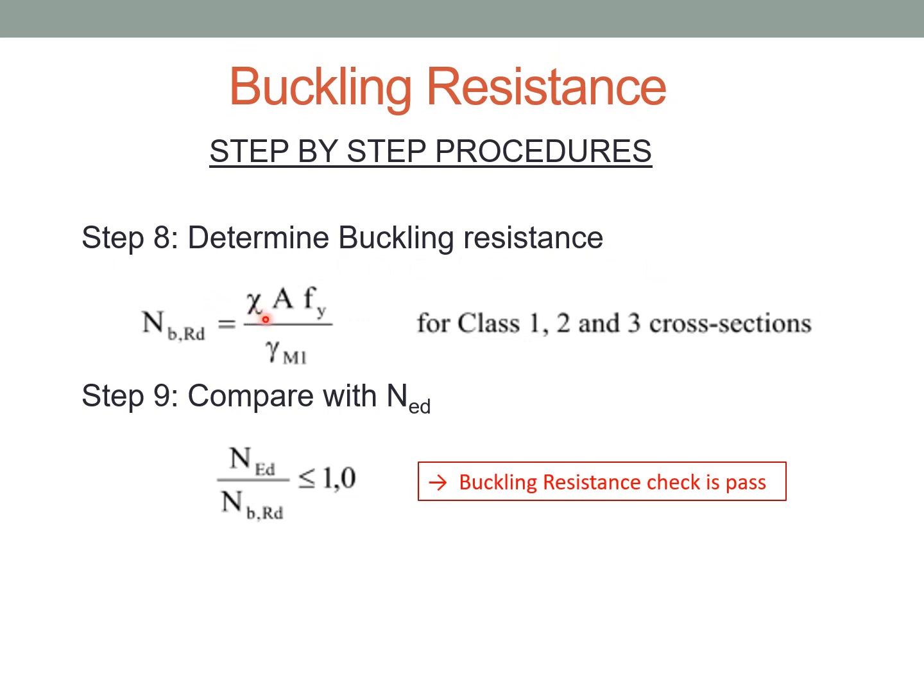Once you get your reduction factor, we can calculate our NbRd buckling resistance: reduction factor times A, where A is the area of the section, and fy divided by gamma M1. We need to compare with our NEd. The ratio of NEd over NbRd should be less than 1, so that the buckling resistance check is passed.